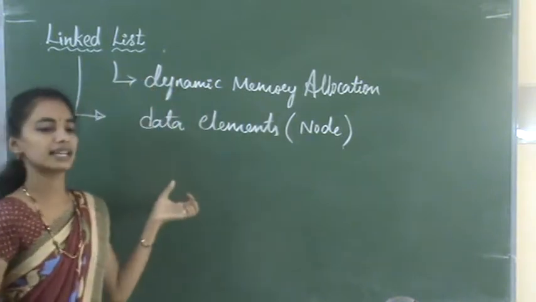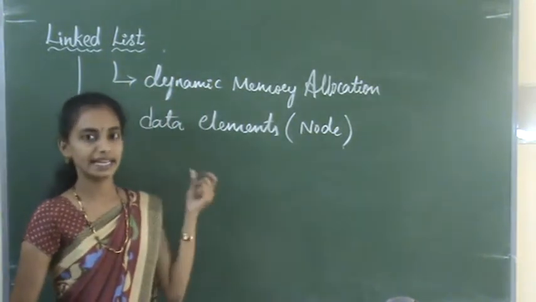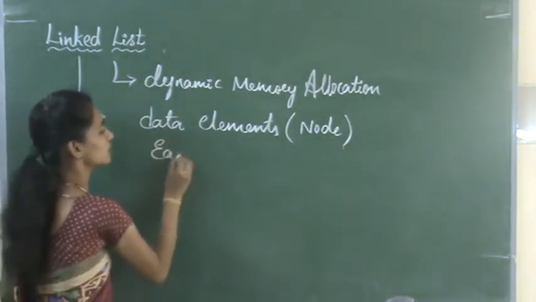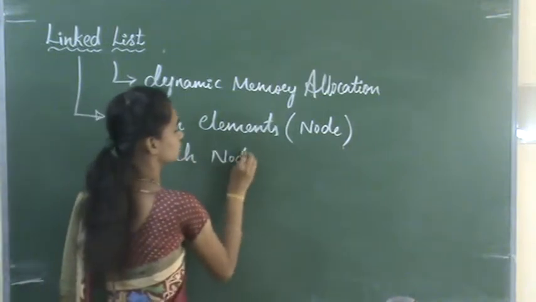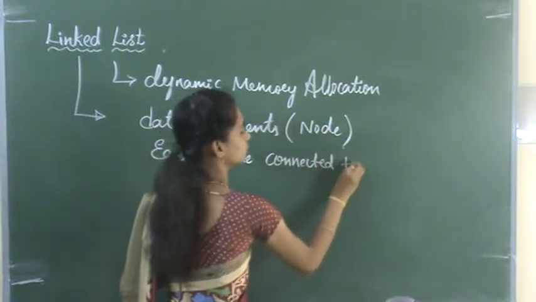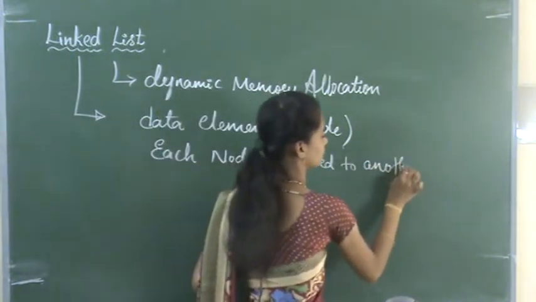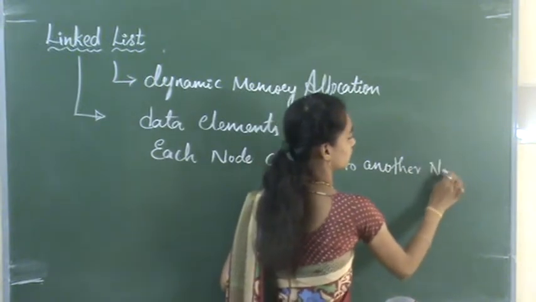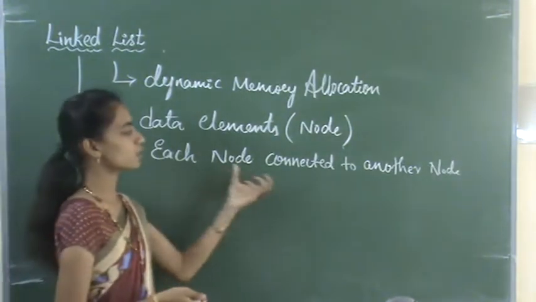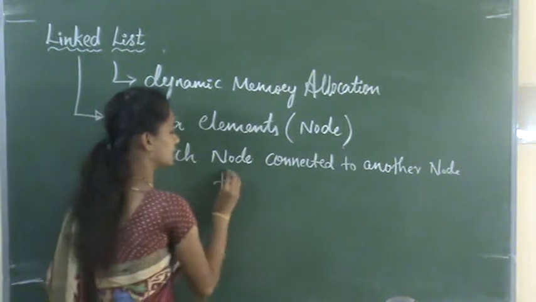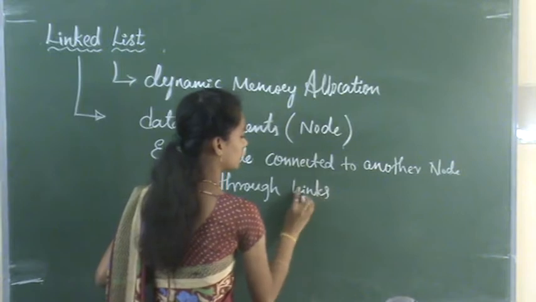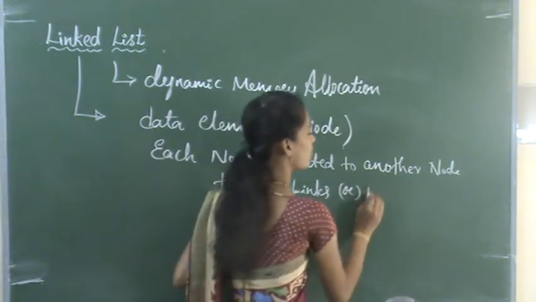So linked list is a linear collection of data elements called nodes, in which each node is connected to the next node or another node through links, or we call them pointers.